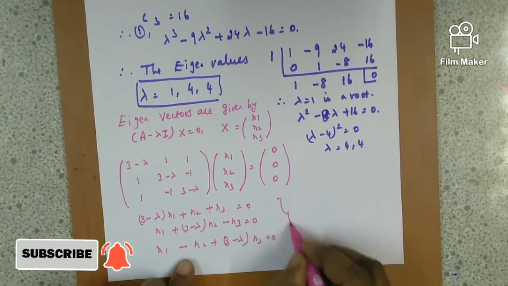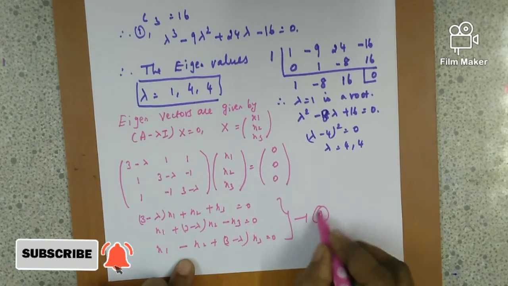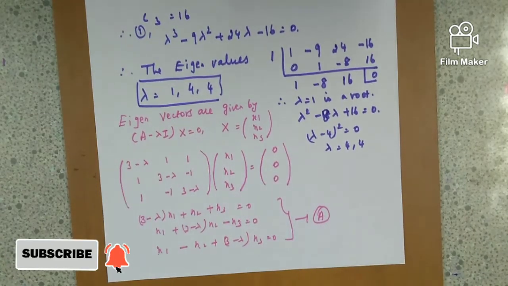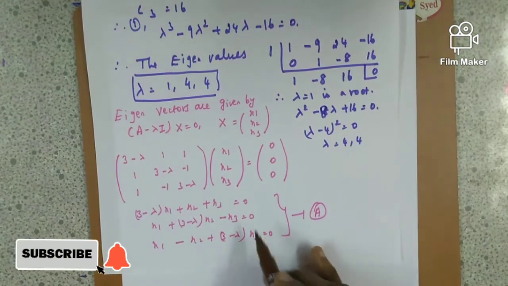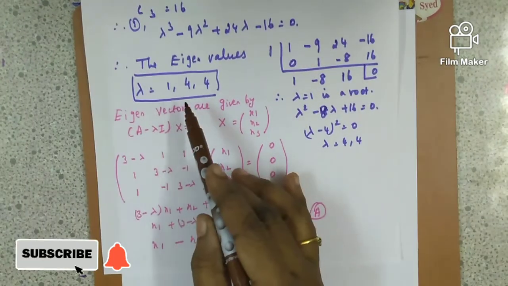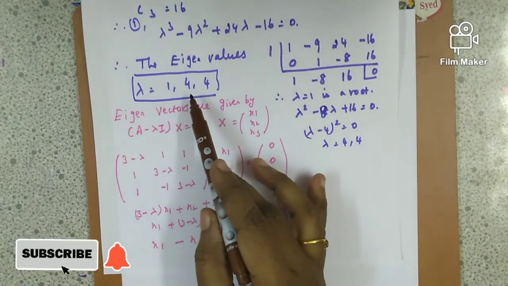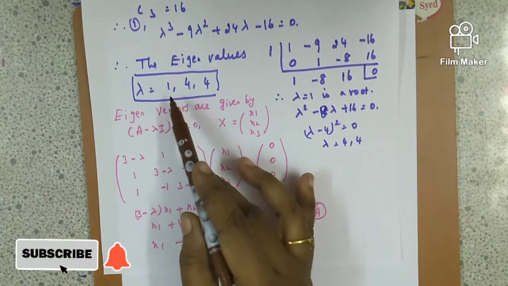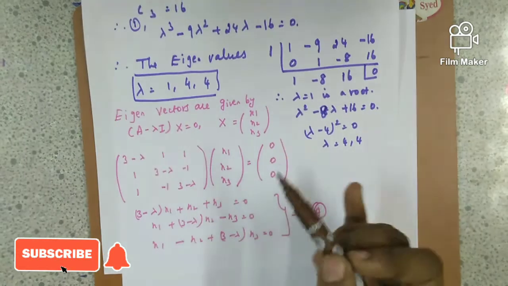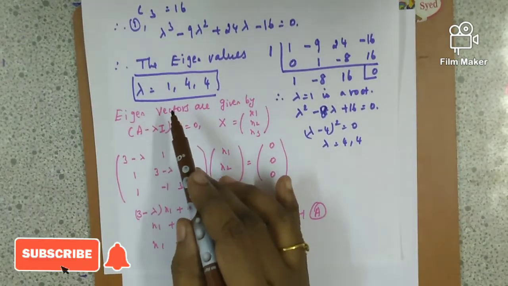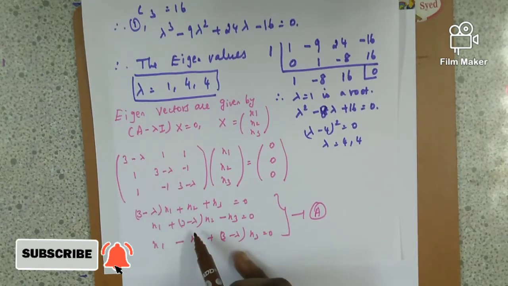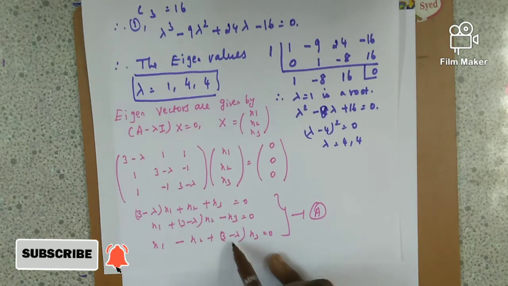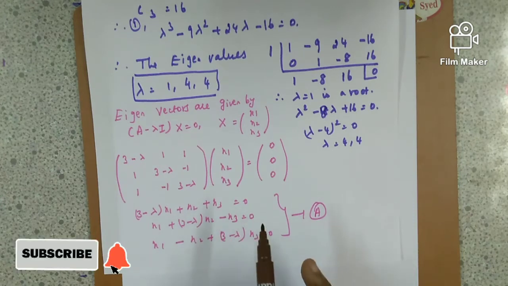This is the system of equations, call it system A. In this system we are going to put the values of lambda and solve it. The equal values are 4, 4 and the only different value is lambda equal to 1, so we take lambda equal to 1 first. Substituting 1, 3 minus 1 becomes 2 in all three places, and the remaining places are the same.